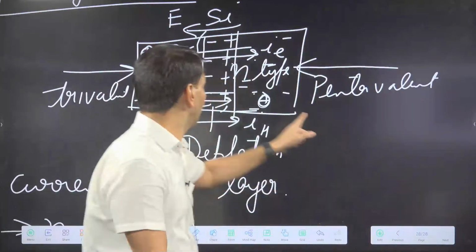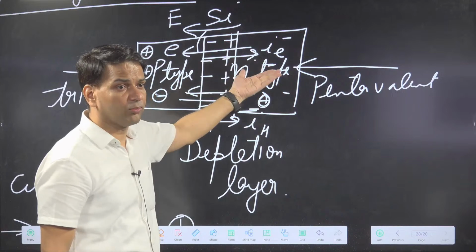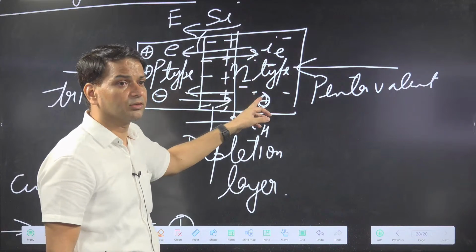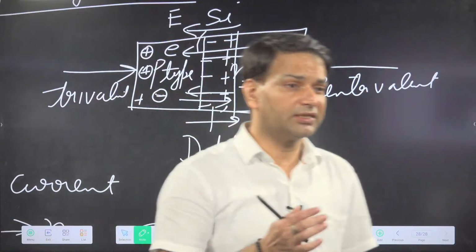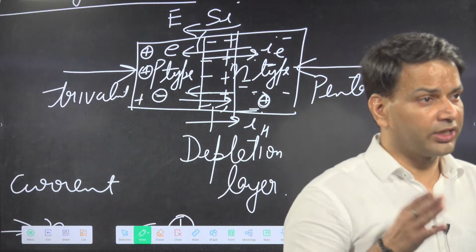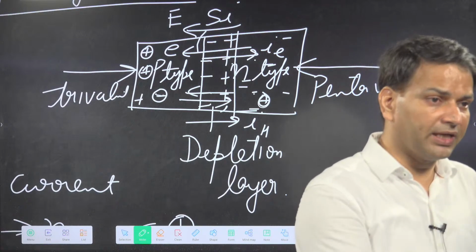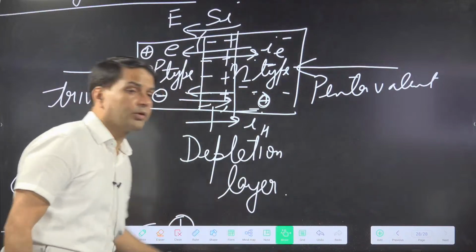Why? Positive holes are going to the left, electrons are going to the right. So electron motion is opposite to the current, which means you will get current from the N side to the P side. This current is coming due to the electric field. This current is called the drift current. So drift current flows from N to P. Diffusion current flows from P to N. Everybody got it or not?